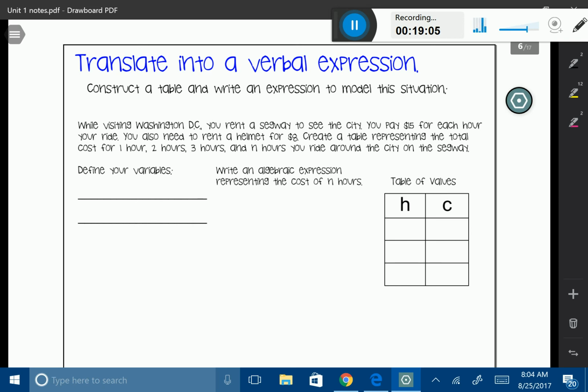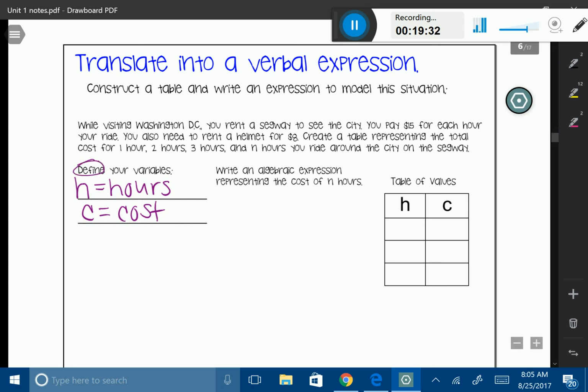So the first thing you always want to do when you have a word problem is define what you're talking about. What 2 things are you comparing here? We like to call those variables. So it looks like we're comparing the hours, H, so I'm going to say hours, and the C, the cost. Now, you don't necessarily have to call them H and C. You can always call them X and Y or any variables as long as you know what the variable represents and you clearly define it.